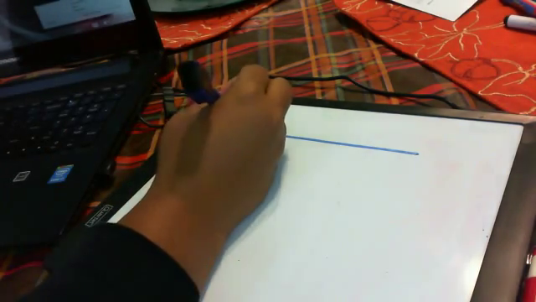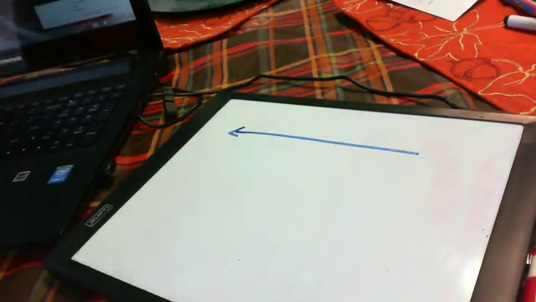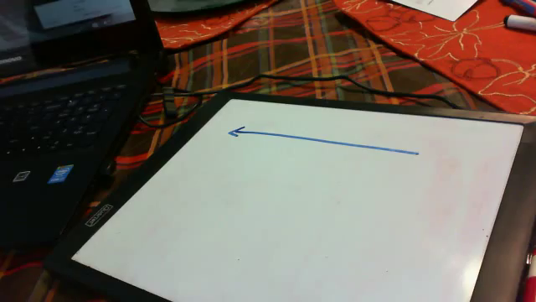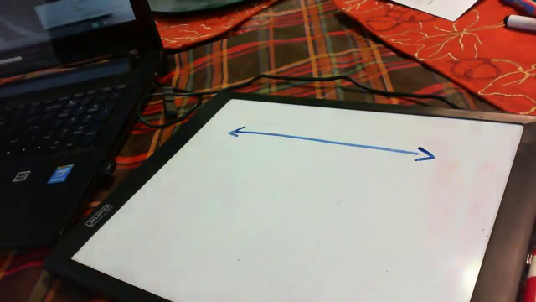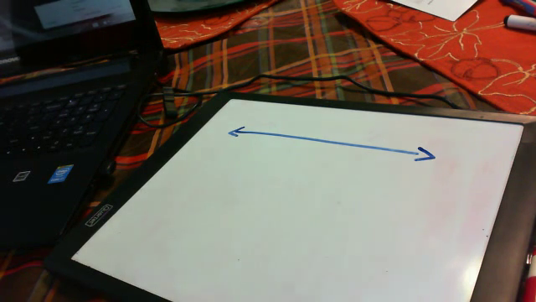Now this is our basic line. Because numbers are infinite, meaning they go to the left and they go to the right, then we use arrows. So for fractions, we know that most of the time the fractions are going to be between two whole numbers.